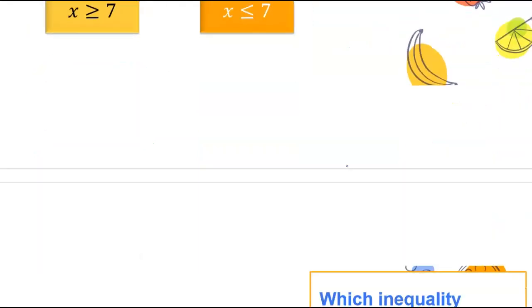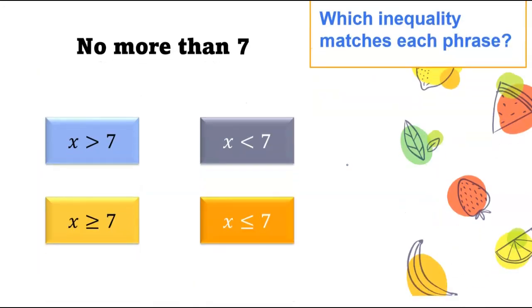So let's look at the next one. How about no more than 7? So this is just like the last one, but now we've added this no to the front of it. So this one was more than 7. If we say no more than 7, that means we're going to include everything else. So we're basically taking the opposite sign, which is this one down here.